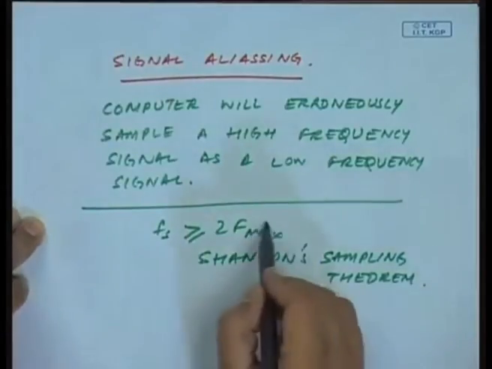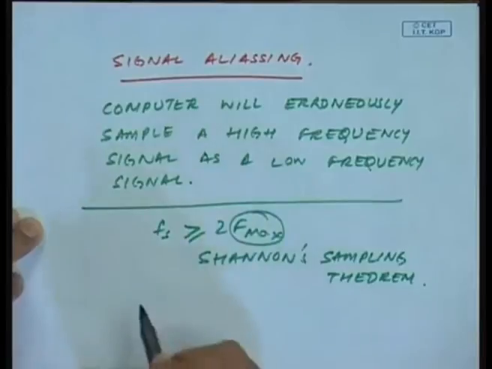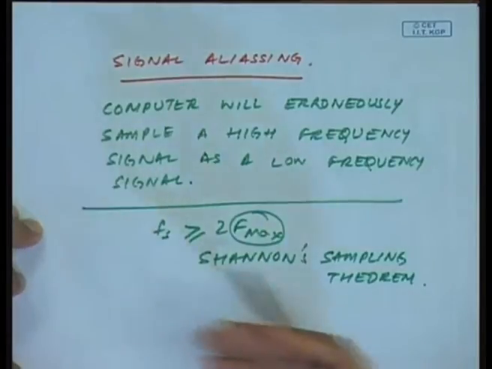For example, I do not know f max. Why? Because I am measuring this from a machine. I have not analyzed the signal. So, I would not know what f max is. So, for an unknown machine, how do I ensure that the signal aliasing is not occurring while I am sampling through an A to D converter?